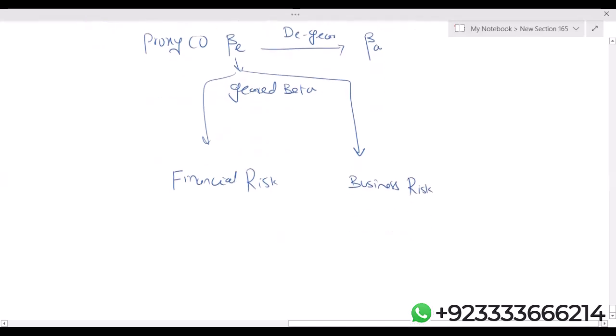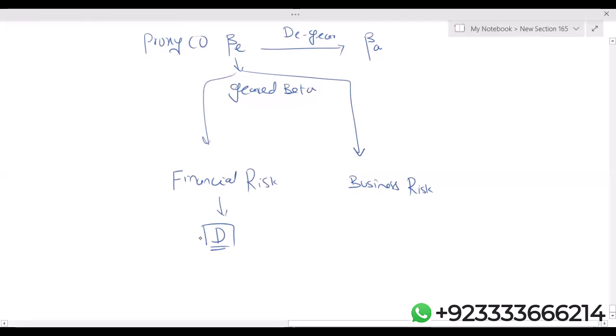Financial risk, a very simple interpretation of financial risk, is financial charges, interest payment. So financial risk a business only faces when there is debt in the business. When there is a loan in the business, then obviously you will face financial risk. And who actually faces this financial risk?